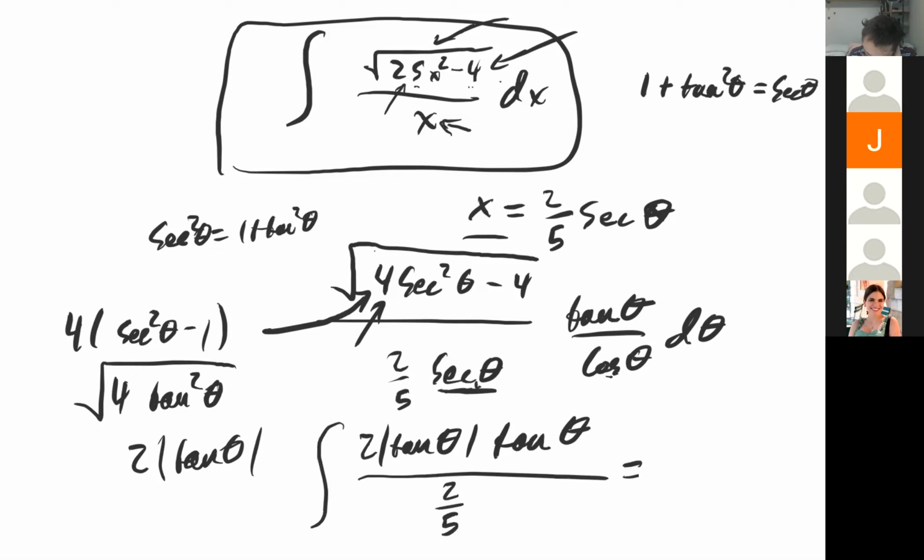And then you end up with 2 tan theta, or sorry, the 2's cancel. So you just get a 5 here, and you're integrating this d theta.